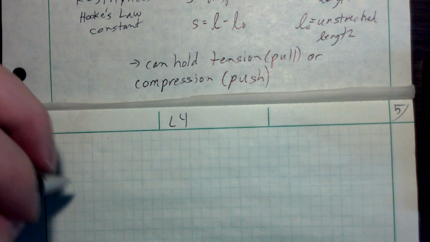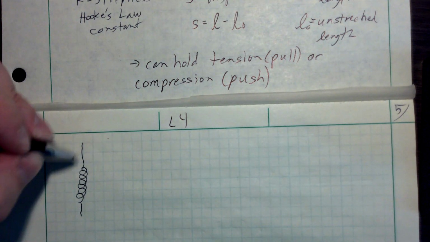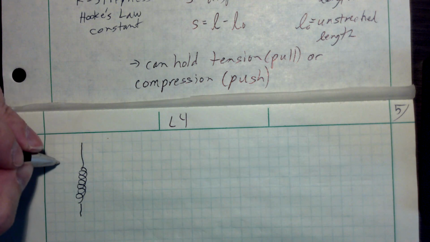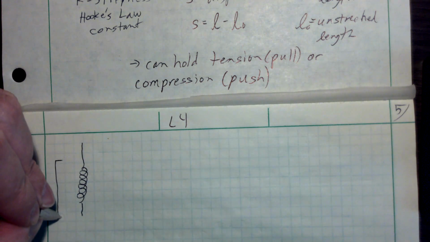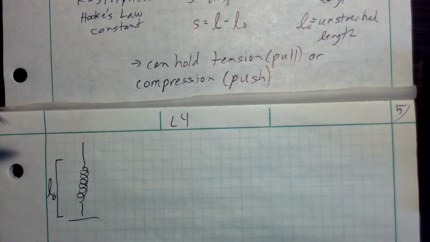L4, page 5, and so if I've got, again, I draw my springs very simple. Let's say this is L naught, the unstretched length for this spring.